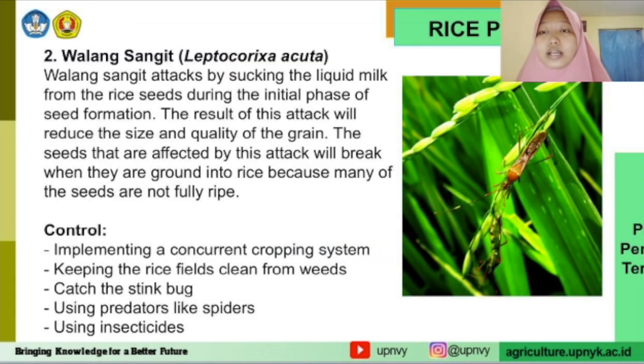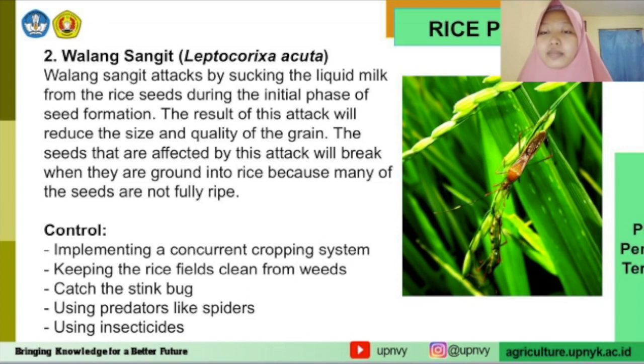Second, walang sangit or Leptocorisa acuta. Walang sangit attacks by sucking the liquid milk from the rice seed during the initial phase of seed formation. The result of this attack will reduce the size and quality of the grain. The seeds that are affected by this attack will break when they are milled into rice because many of the seeds are not fully ripe.